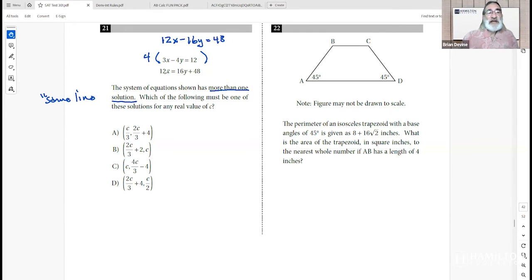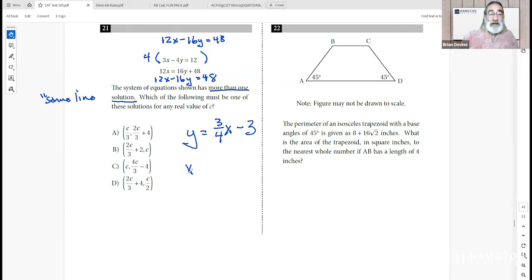And if I take 16y from both sides of the second equation, I get 12x minus 16y equals 48. Now, if I clean that up, I'm going to end up with the line y equals 3/4 x minus 3 when I put it into y equals mx plus b form.